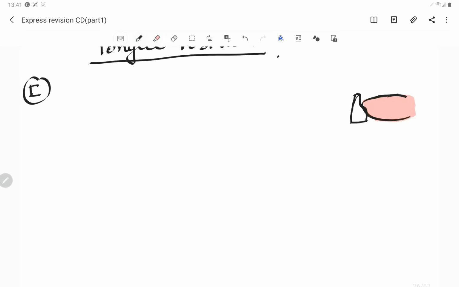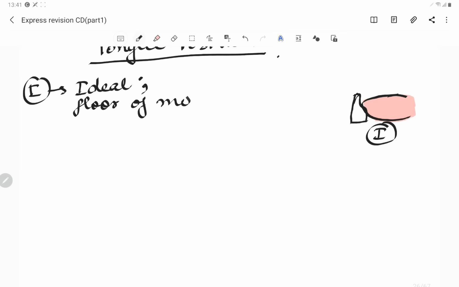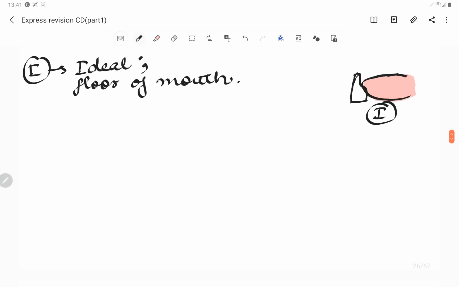When the tongue lies in the floor of the mouth, it is the ideal position, slightly below the incisal edges of the mandibular anterior.